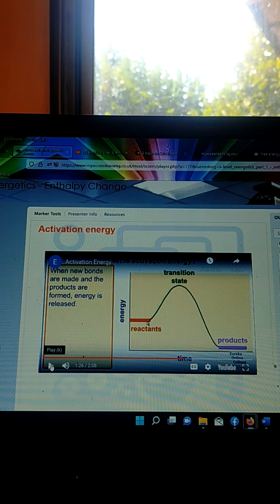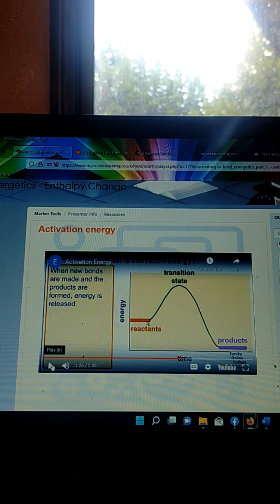Endothermic bond breaking. Can't fault that. When new bonds are made and the products are formed, energy is released. You're describing the ascent on this line and the descent on this line.